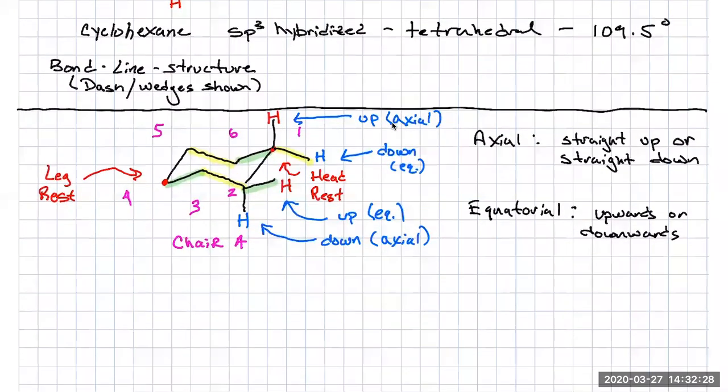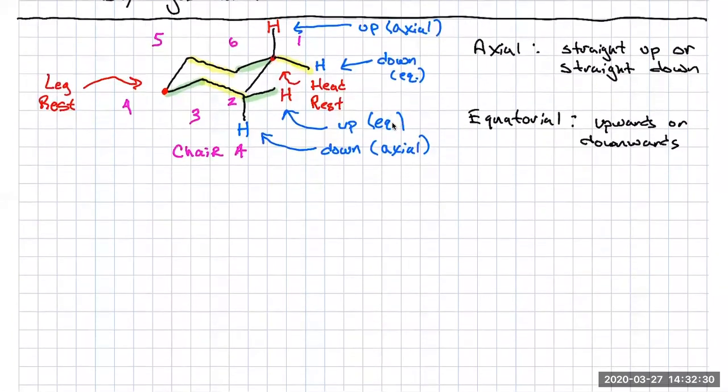Okay, so what I want to do now is take that chair and draw a conformational isomer of it through a chair flip. And so I'm going to draw the chair a different way now. I just like to draw the parallel lines again. You don't have to do this, but it helps you get the shape of the chair at least relatively correct. So what was the headrest becomes the new leg rest.